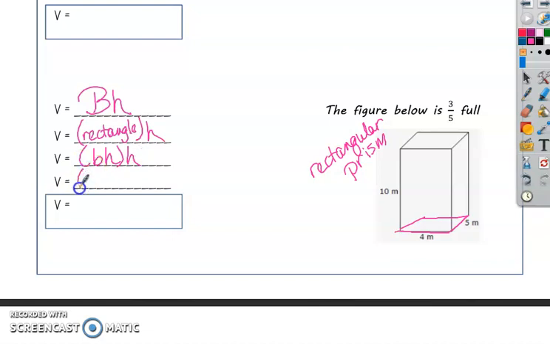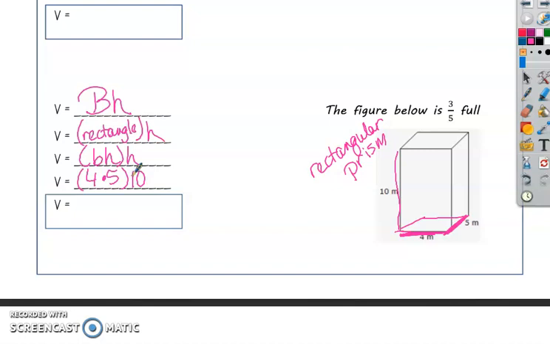So I'm going to substitute in my numbers. Here's my base numbers. I have 4 and 5. It doesn't matter. This is B, this is H, this is B, this is H. It doesn't matter. 4 times 5. And the height is 10. Okay?